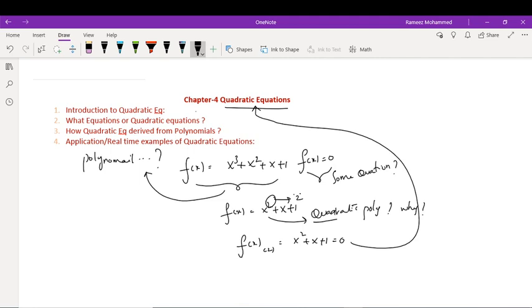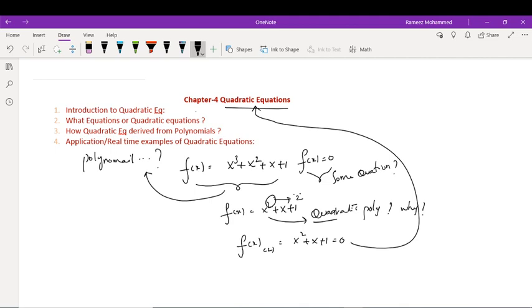So a degree 2 polynomial is a quadratic polynomial, and when a quadratic polynomial is equated to 0, it is called a quadratic equation. Got it? This is how quadratic equations are derived from polynomials.